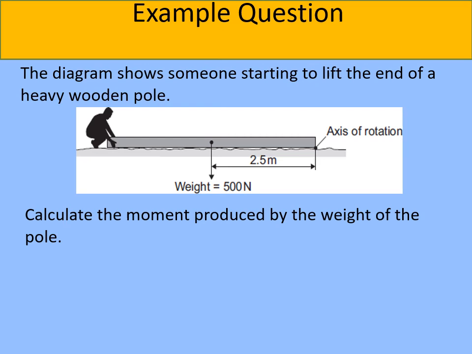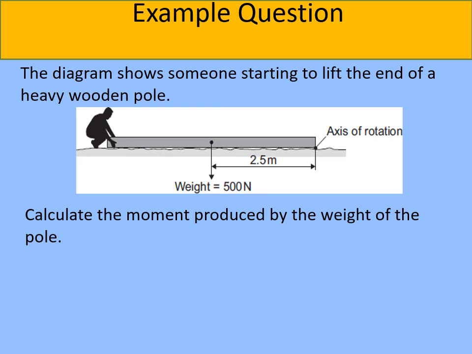So this is an example of a type of question that you may get asked in an exam. You're given this diagram which shows a person who's about to lift the end of a heavy wooden pole. Again, remember that this is an object that has a center of mass, acting at one particular point where all of the weight is directed.